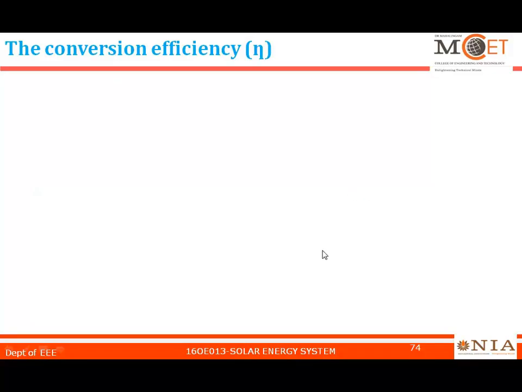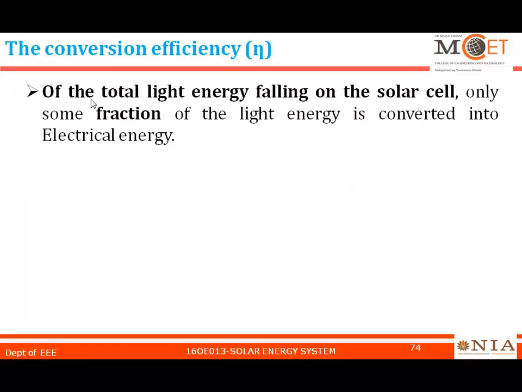Conversion efficiency: of the total light energy falling on the solar cell, only some fraction of light energy is converted into electrical energy. This has been discussed in the previous class. As I told you, the 100% energy coming from the sun is not converted into electrical energy.